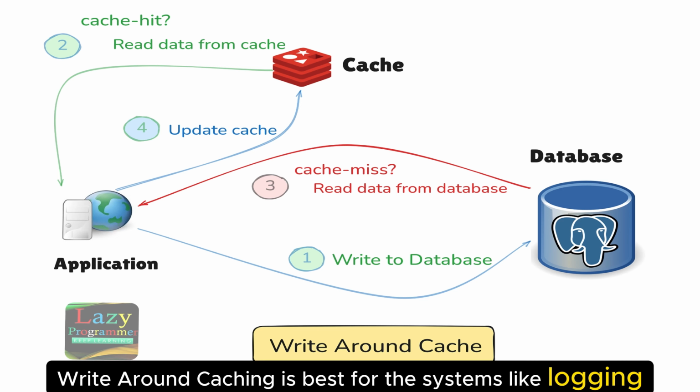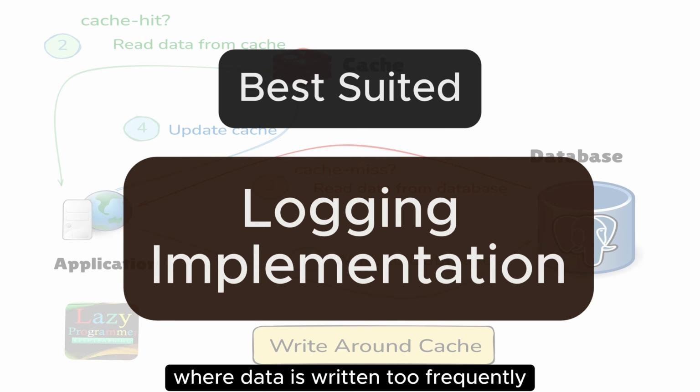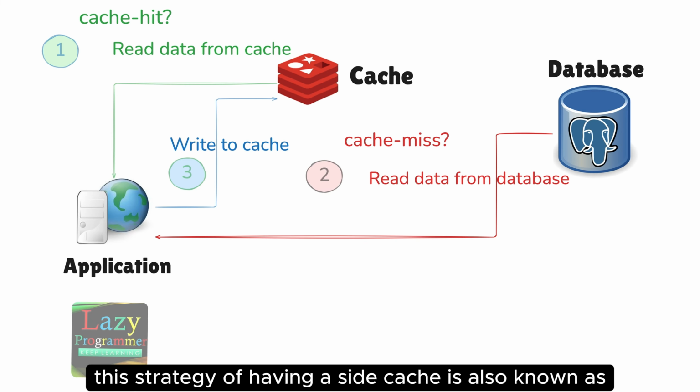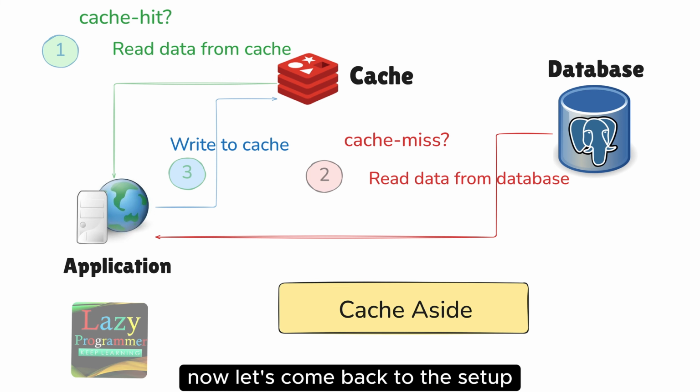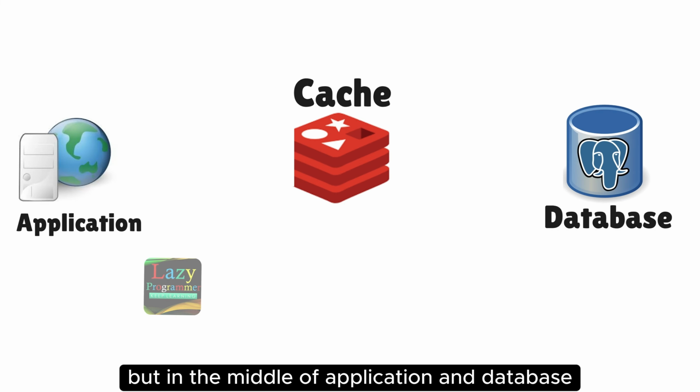Write-around caching is best for systems like logging, where data is written very frequently and not read that frequently. In the context of read operations, this strategy of having a side cache is also known as the cache-aside strategy. Now let's come back to the setup where the cache is not present at the side but in the middle of the application and database.